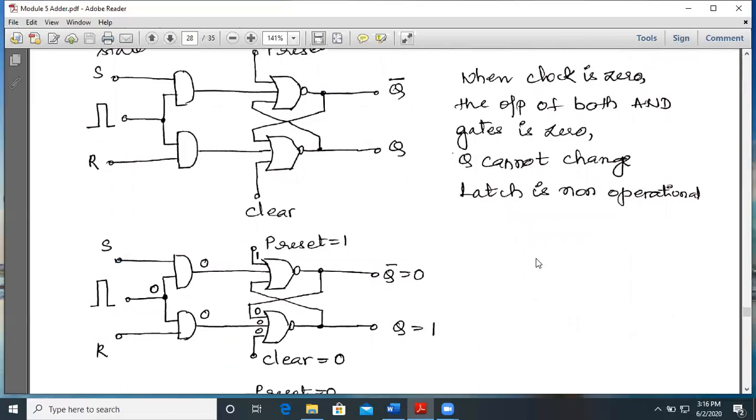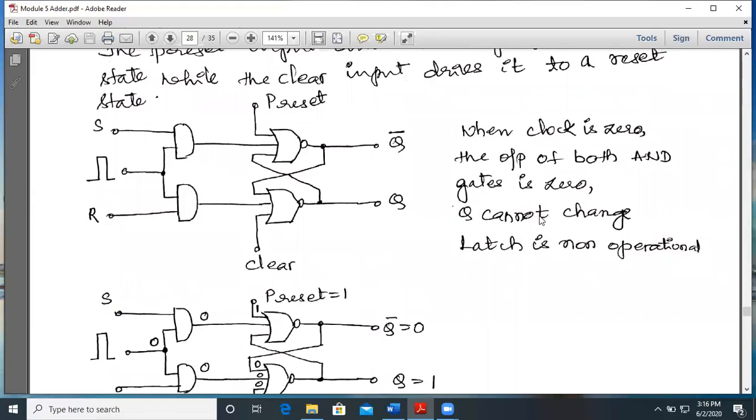Now a few points have been written here. What these points tell is what happens when the clock is 0. Here is the clock that is being shown. If the clock is 0, the output of both the AND gates, this AND gate and this AND gate, is 0.